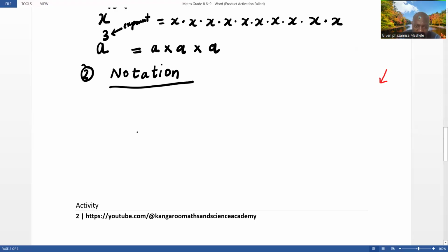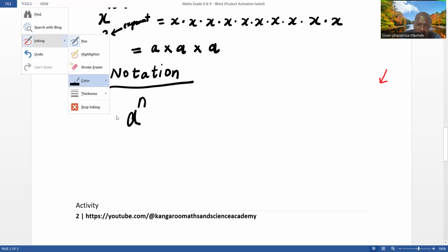Imagine we have a with an n there. What does this n represent? The n represents the exponent. So this is our exponent.